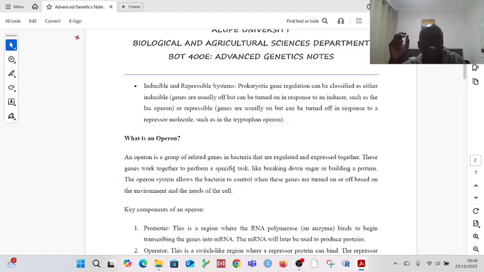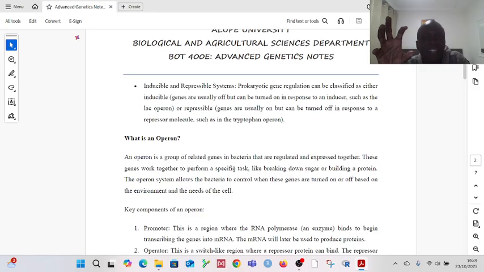We have inducible and repressible systems. Prokaryotic gene regulation inaweza kuwa classified ama categorized either as being an inducible system. With that, it means that genes are usually off, but they need to be induced.